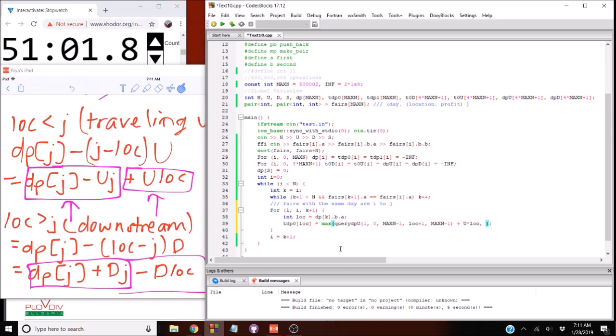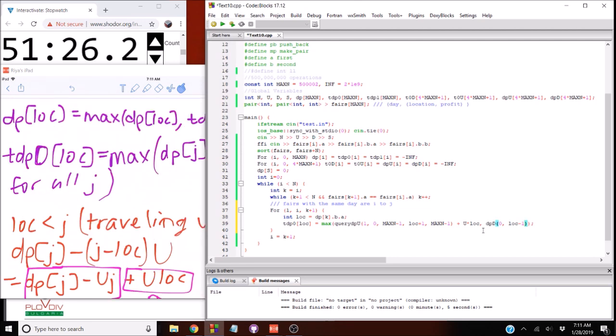Okay, the other option is we query for all j less than lock. We query dpd from 0 to lock minus 1. Actually, what is the case if j equals lock?